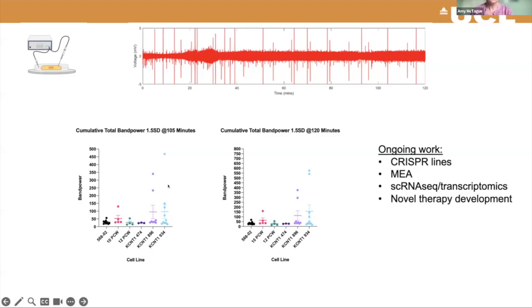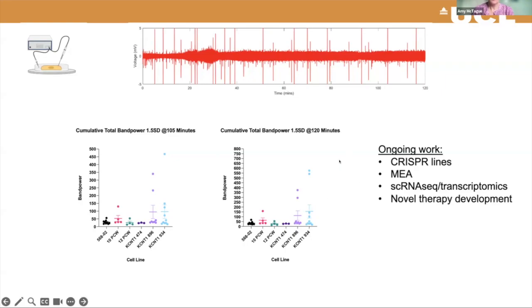In initial work, for 2 of the genotypes that we're working on, we see a shift in the total band power compared to the control lines. We see what looks to be an emerging pro-excitability phenotype in the KCNT1 assembloids, which is in keeping with what we know from previous work.